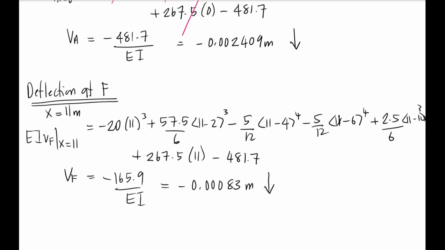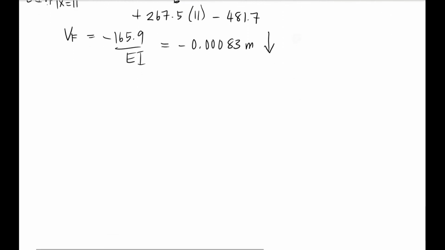Okay, by inspection, we write again VBE, then VA and VF. VBE is equal to 0.001453 meter.